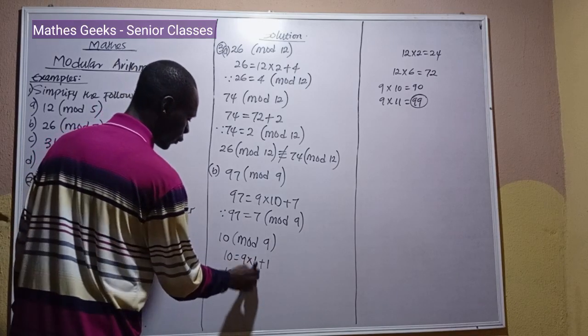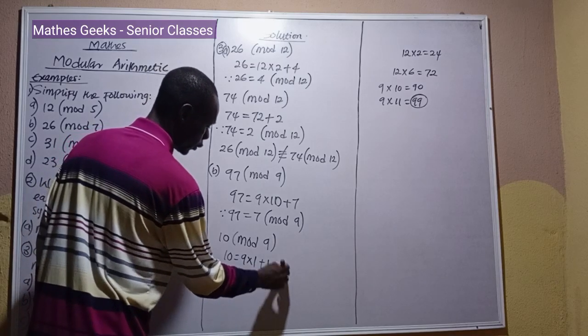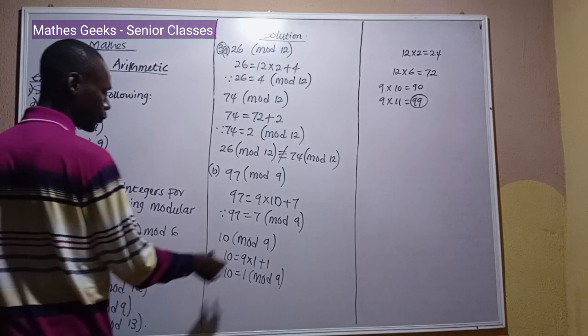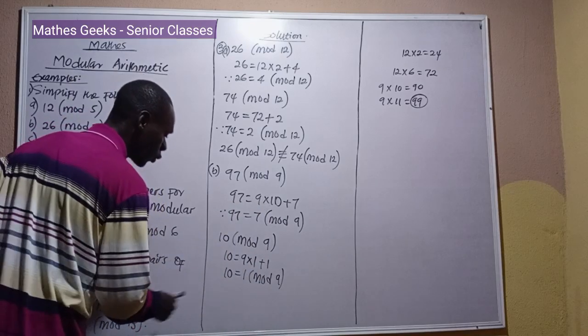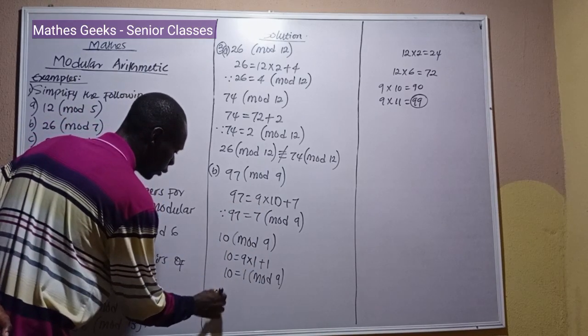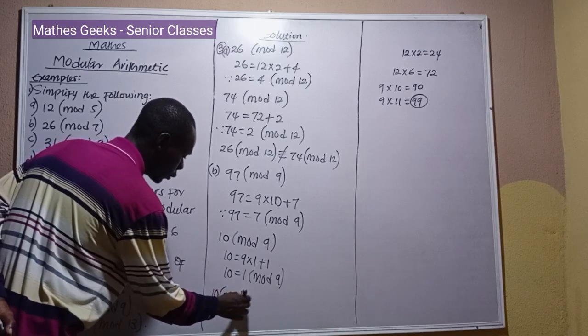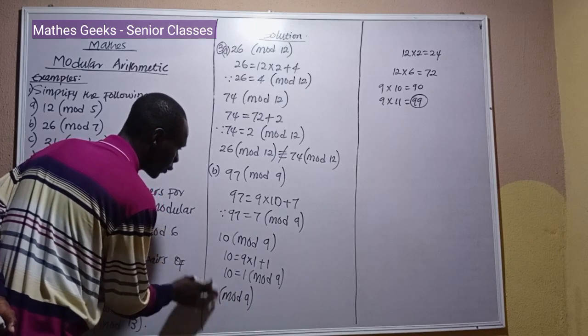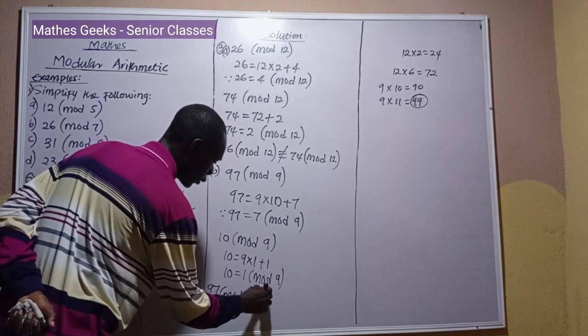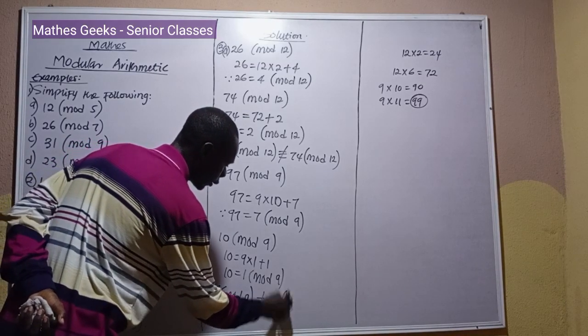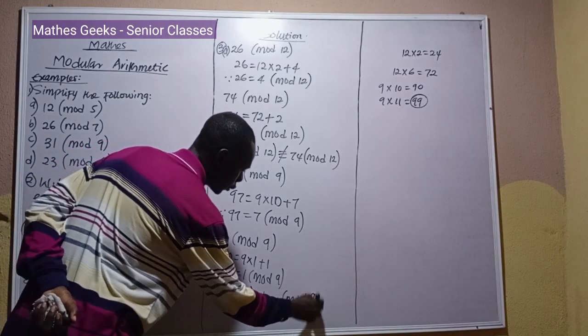From our observation, they don't have the same remainder, so they are also not equivalent. So 97 in mod 9, which is 7, is not equivalent to 10 in mod 9.